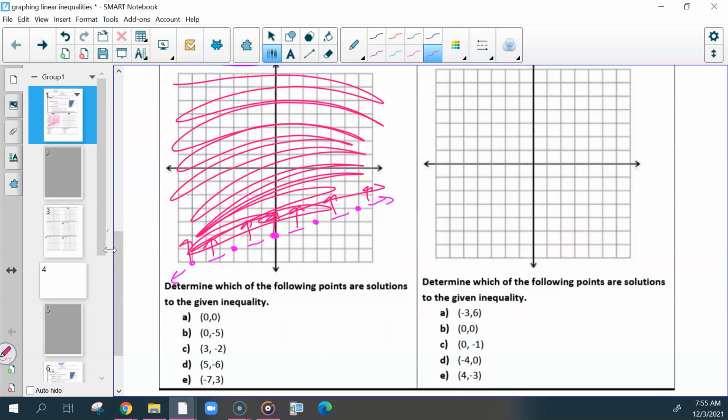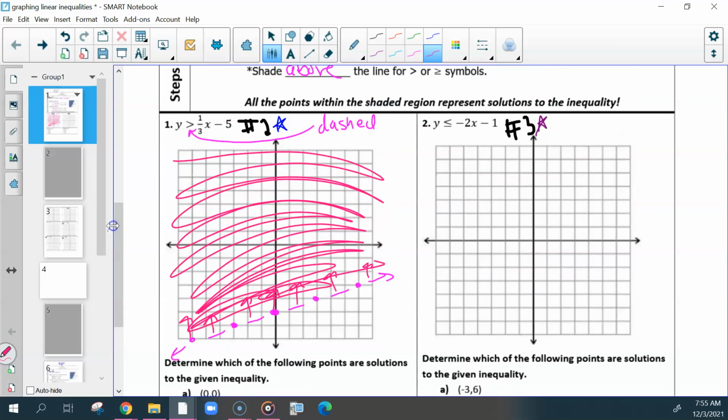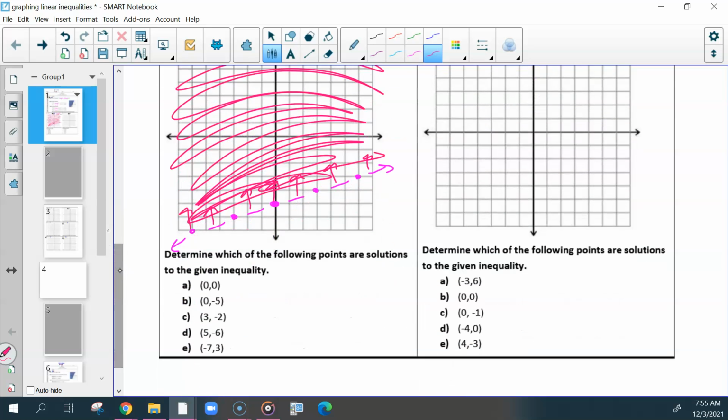So after you get your graph and it's shaded, I'm going to put "shaded" over here. The next thing is to determine, are the following points solutions or not? The easiest way to see that is you can plot them, but you don't have to.